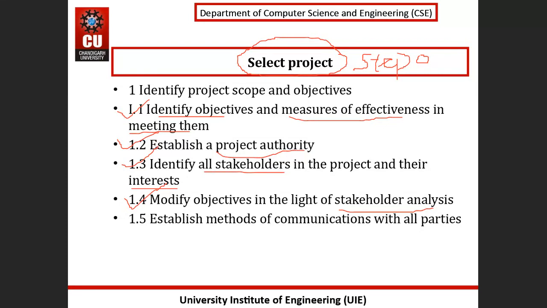So next we have establish methods of communications with all parties. We will call meetings, we will analyze their requirements, we will analyze their views, what they want, and we will establish some methods of communication with all parties. We will communicate with all people related to the project, and do the needful.